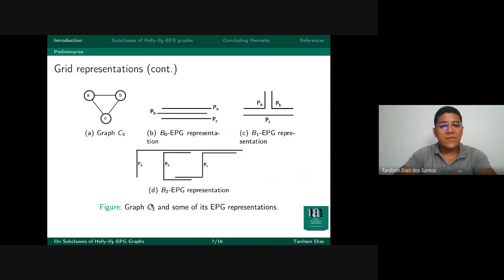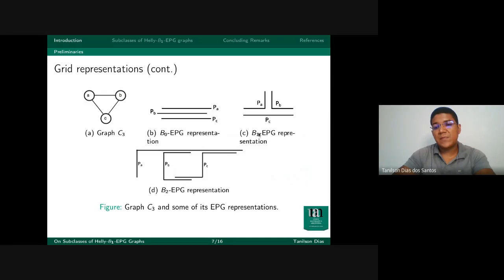For the graph and representations from the previous slide, we have the following. For the graph C3, in letter D, we have a set of three paths that are pairwise intersecting but do not have a common edge among these paths. Thus, this representation is not a Helly representation.